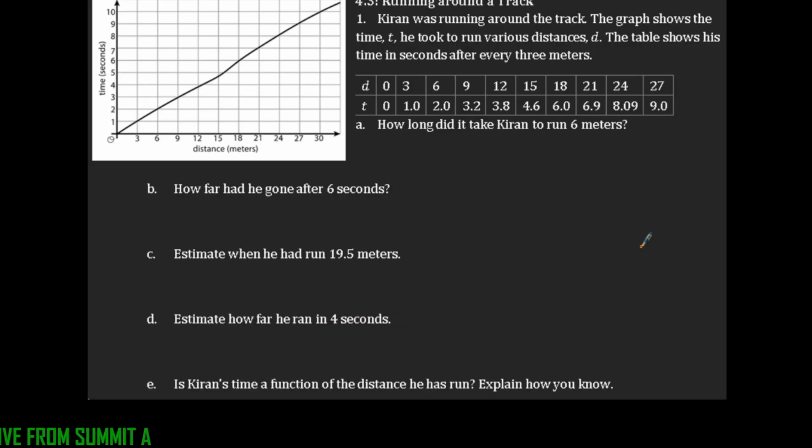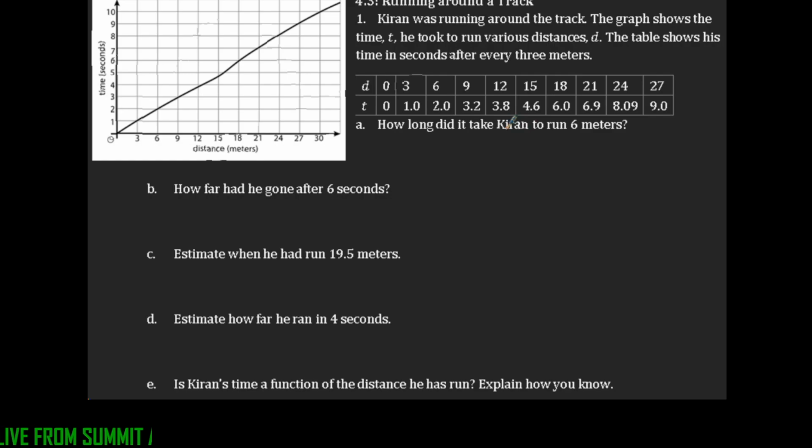Alrighty, on the back, we're going to be talking about running around the track. So it says Kieran was running around the track. The graph shows time t he took to run various distances d. Then it says the table shows his time in seconds after every 3 meters. So notice how it has the x-axis as distance and the y-axis as time. So make sure you're keeping that in mind.